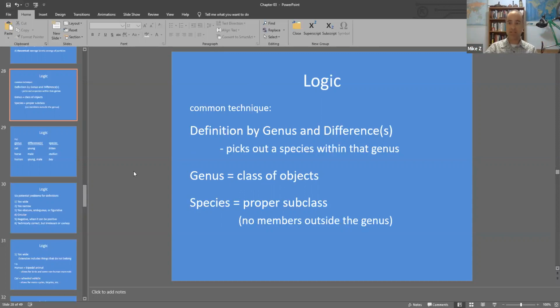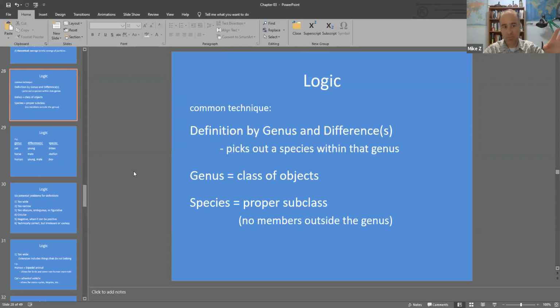And then a species is, as they call it, a proper subclass. That is a smaller group within that genus, within that larger group, and it's completely contained within that larger group. And so we talk about a group, the genus, and then we identify a subgroup by pointing out some specific difference that that subgroup has compared to all the other members of that group.